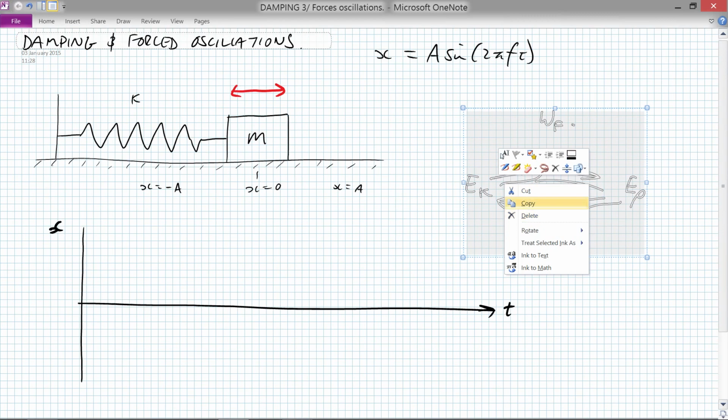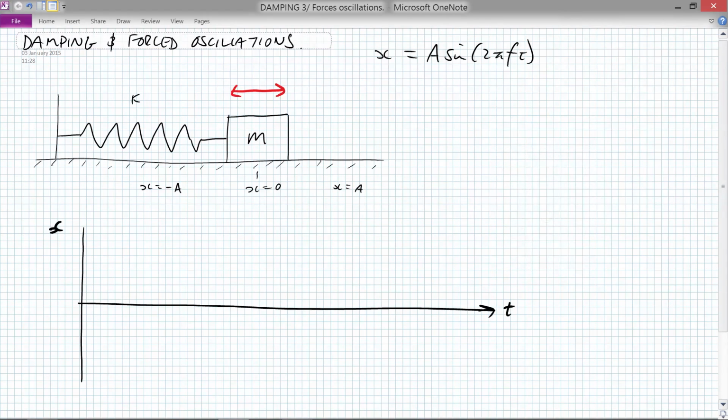So what's that going to look like? Well, obviously if EK is decreasing and EP is decreasing over time, that's loosely going to translate into the fact that its maximum velocity is decreasing. In terms of potential energy decreasing, that's going to translate into the fact that the maximum displacement, or amplitude, is going to decrease.